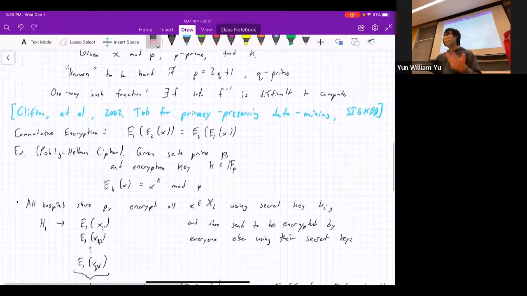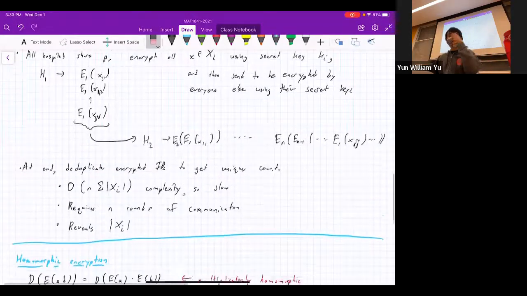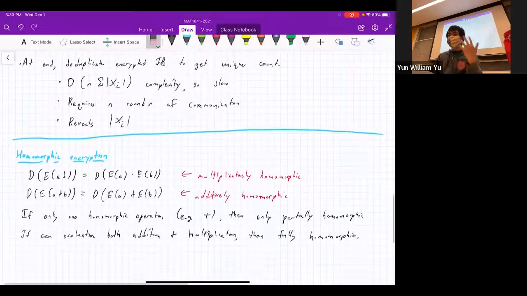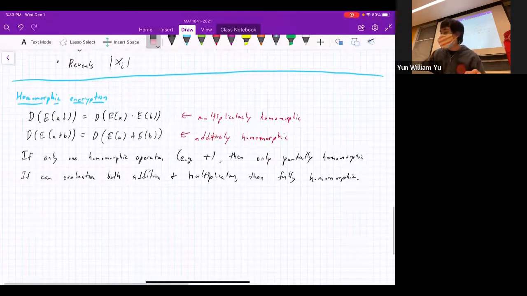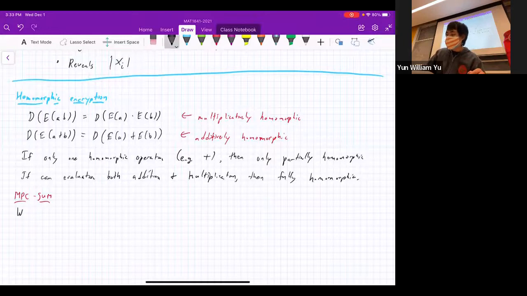That's the whole point of homomorphic encryption, that you can compute that. But let's see what actually happens for a particular cryptosystem, just so that we see some of the details. So I'm going to call this MPC sum, for multi-party computation of the sum. We can use an additively homomorphic cryptosystem.